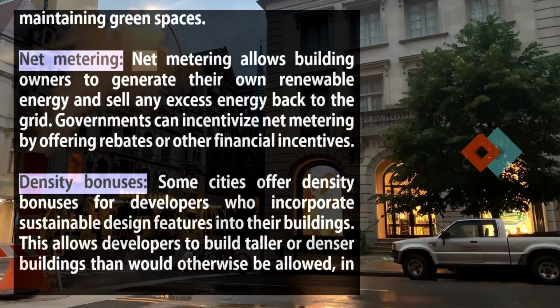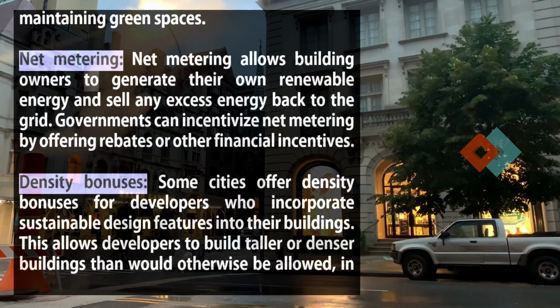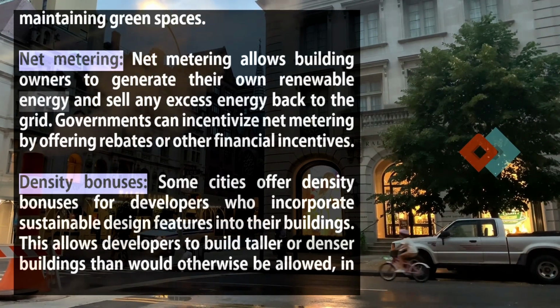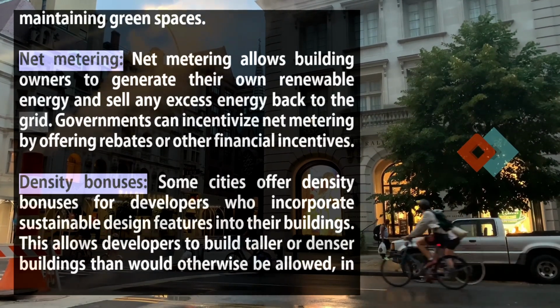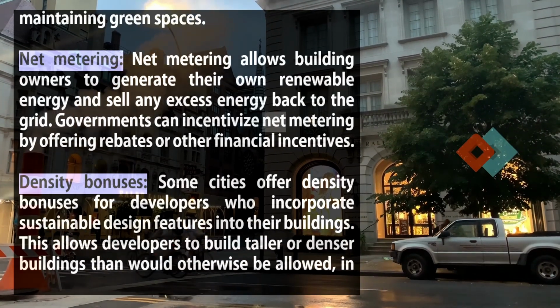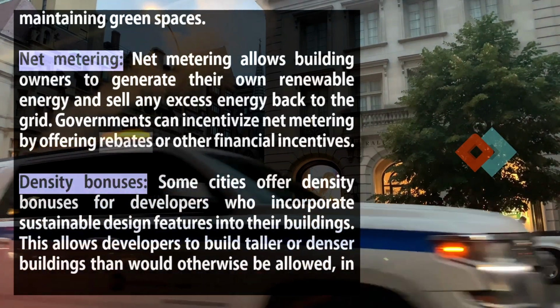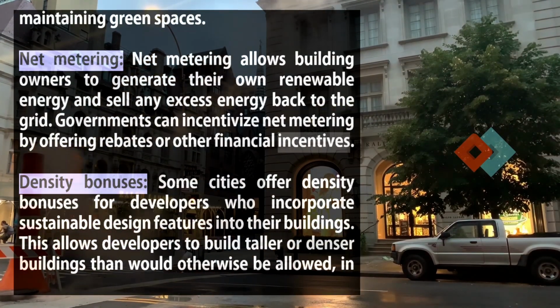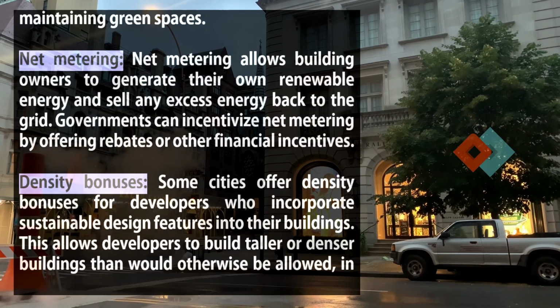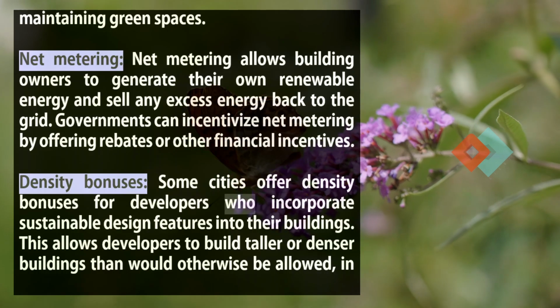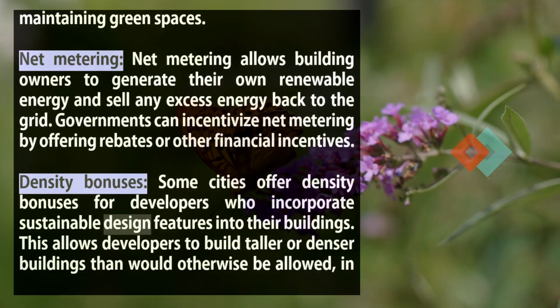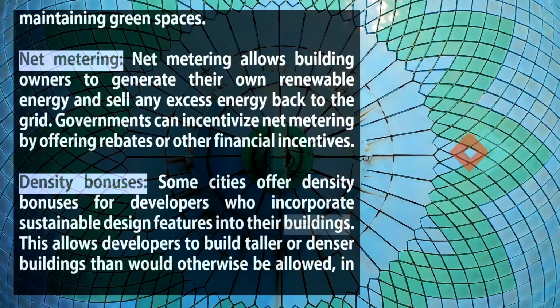Net metering. Net metering allows building owners to generate their own renewable energy and sell any excess energy back to the grid. Governments can incentivize net metering by offering rebates or other financial incentives. Density bonuses. Some cities offer density bonuses for developers who incorporate sustainable design features into their buildings.